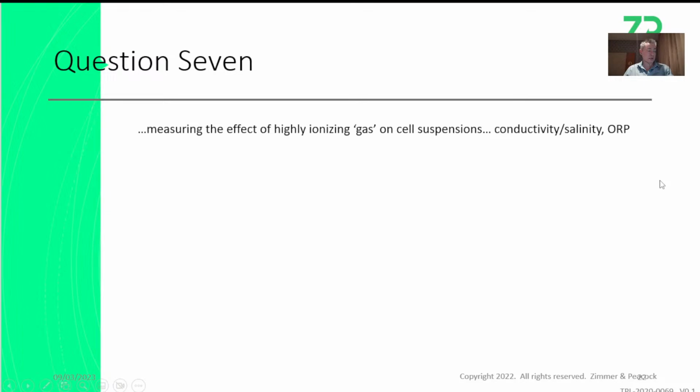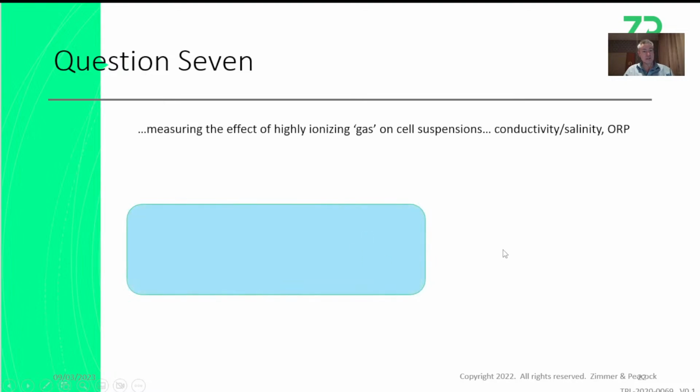So question number 7 is about essentially bringing an ionizing, I say gas here, but it's an ionizing sort of medium in the gas phase, to a cell suspension, and maybe affecting parameters like the conductivity of the solution, and maybe changing parameters like the oxidation reduction potential of that solution.